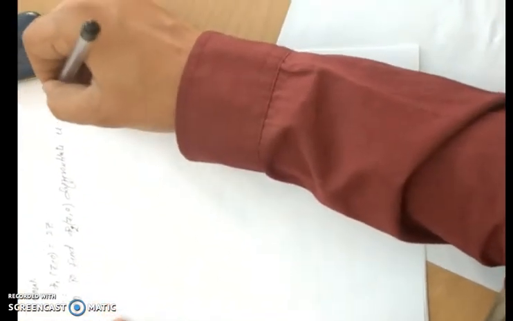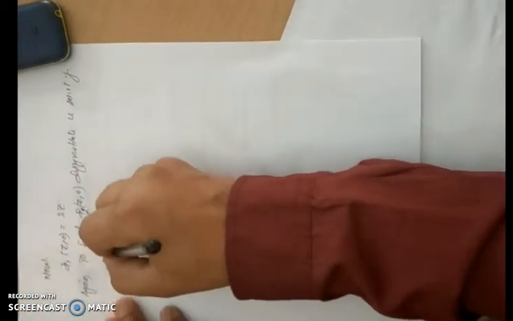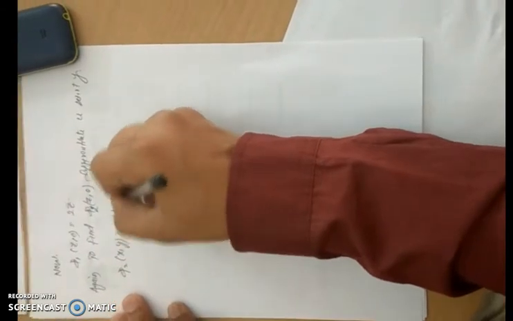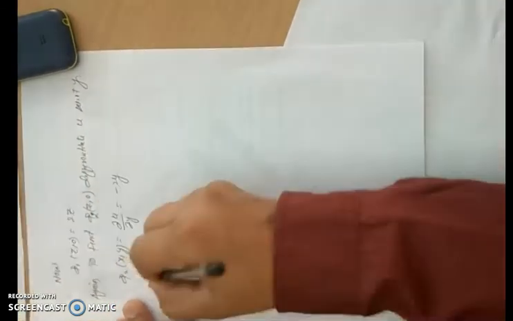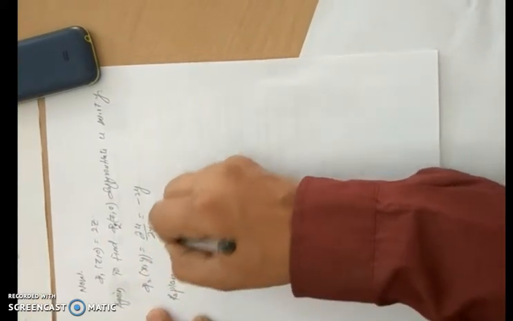And again to find phi 2 z comma 0, differentiate u, that means the real part, with respect to y. So phi 2 x y is equal to the partial derivative of u with respect to y, which is equal to minus 2y.